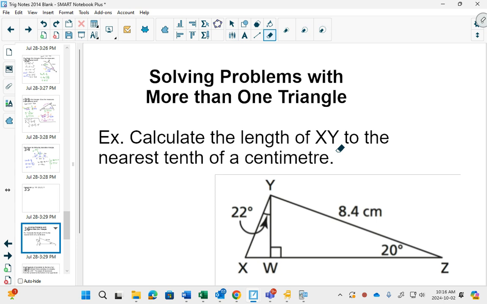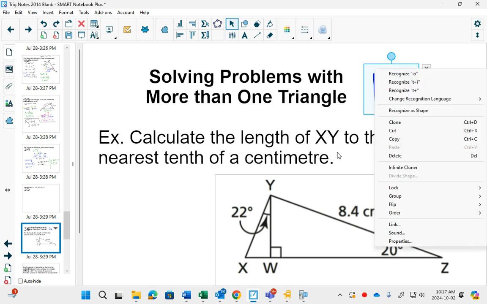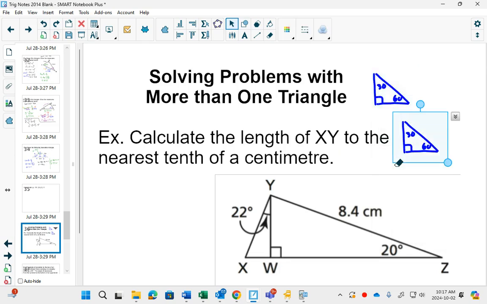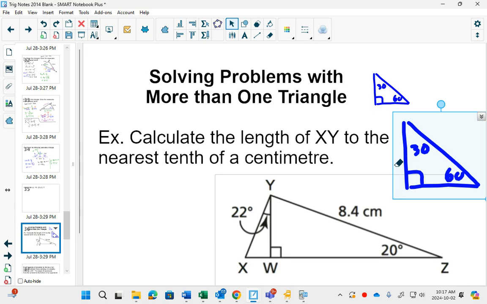The only place where two pieces of information is not enough is if I just give you two angles. Because if I just give you two angles, I could just make it a little bit bigger.